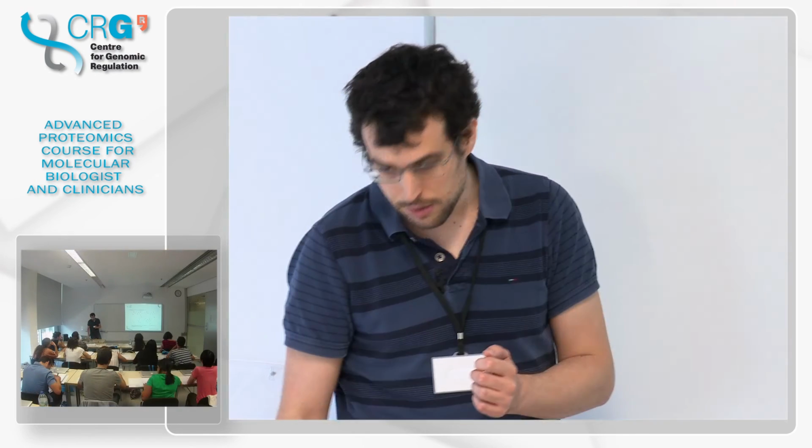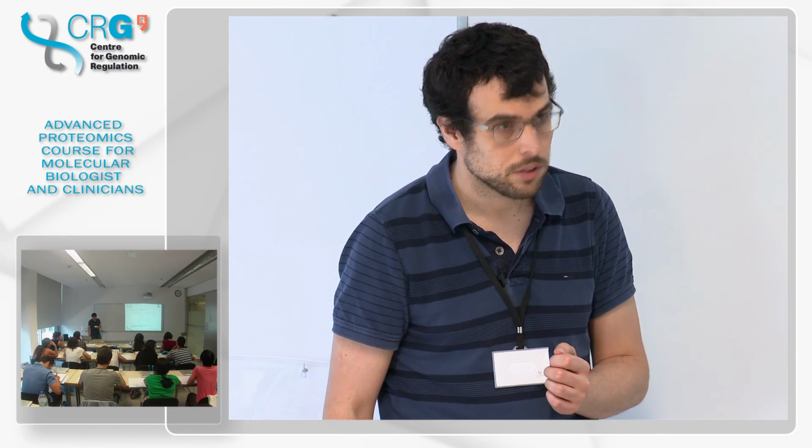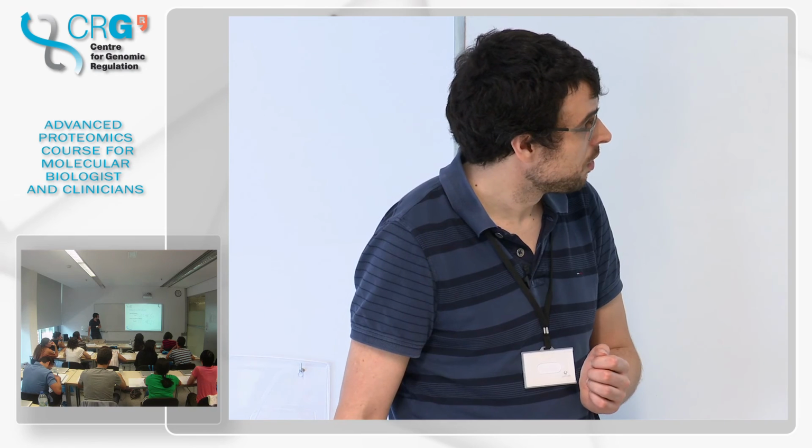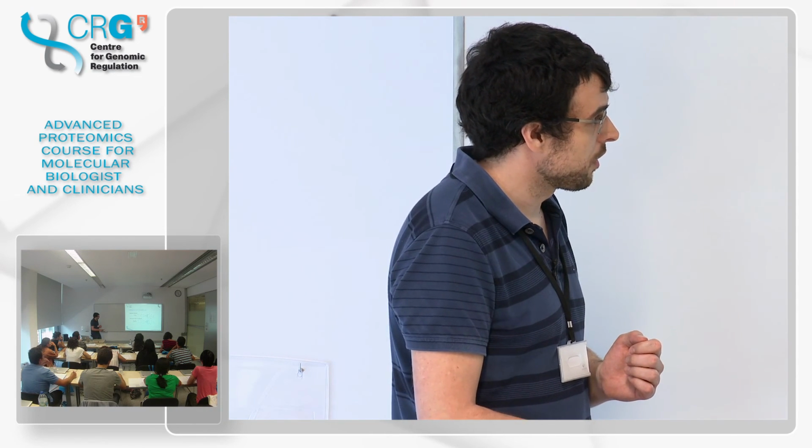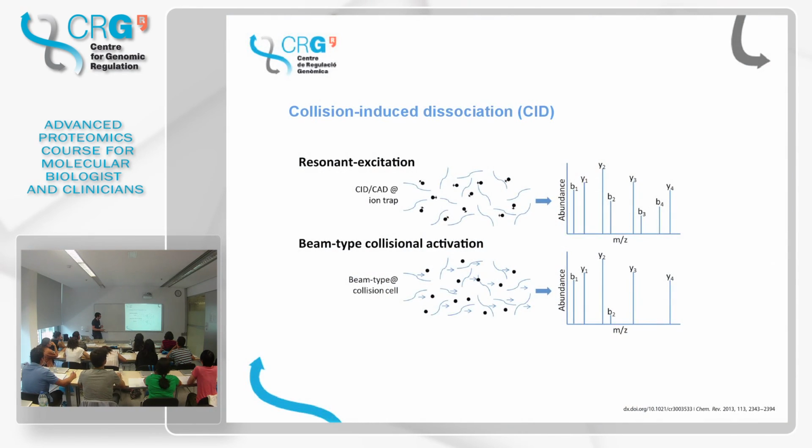What's the first type of induction of collision? Resonant excitation. What we do here is we excite the nitrogen particles, and they collide into our peptides. How do you excite the molecule? With a radio frequency.